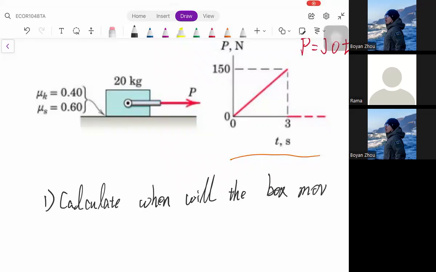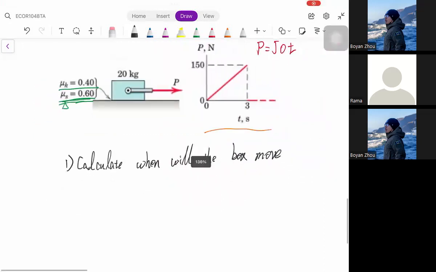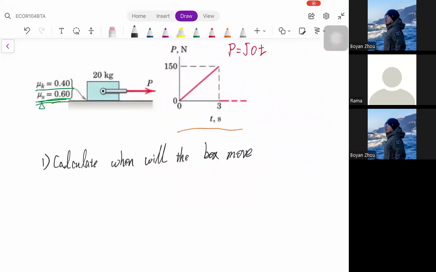move. And here we have 2 frictional coefficients. The one on the bottom is the static one. That means when the box is not moving, we are going to use this friction coefficient. So we know the maximum friction F max at the stationary condition is equal to mu s times mg.